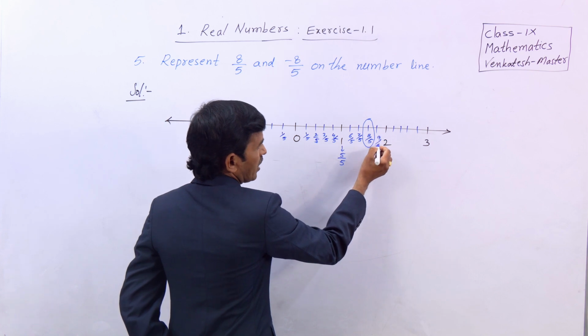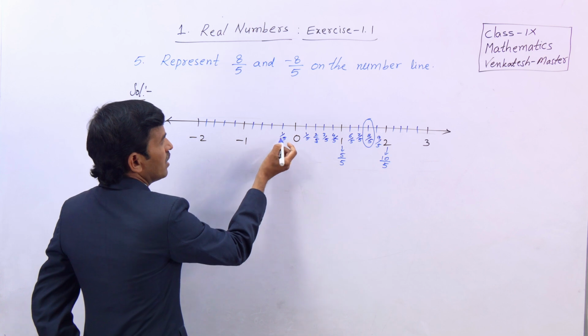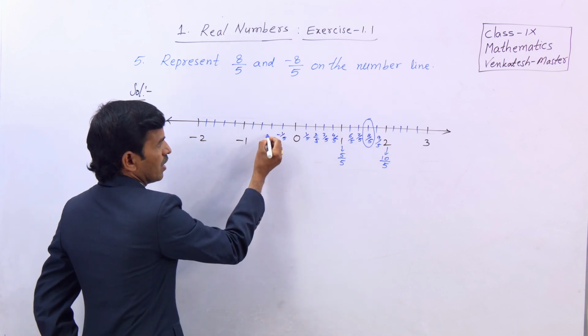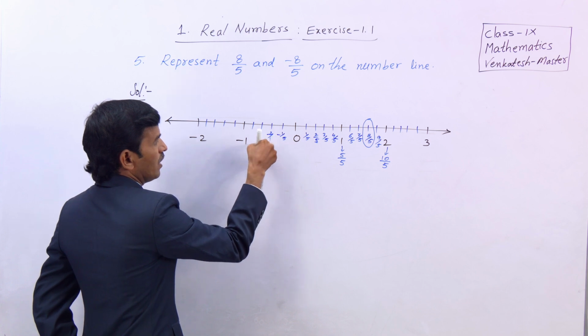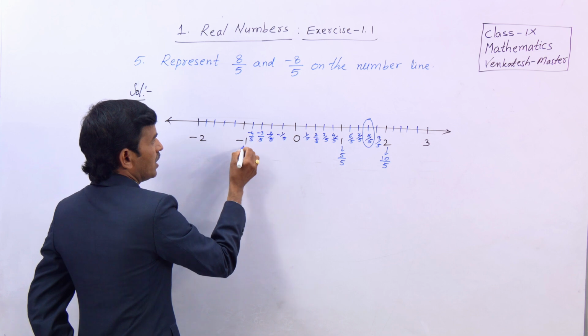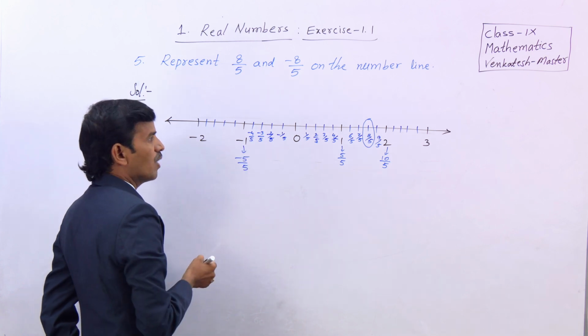Next one is 9 by 5. 2 is nothing but 10 by 5. In the same manner, if you consider the negative side, it will become minus 1 by 5, minus 2 by 5, minus 3 by 5, minus 4 by 5. It is nothing but minus 5 by 5. If we cancel it, we will get minus 1.